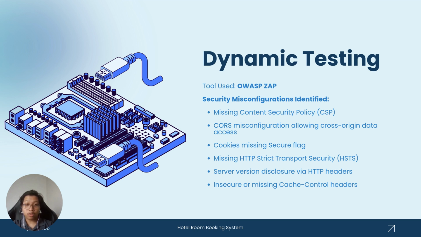We also observed missing HTTP Strict Transport Security, server version disclosure through response headers, and weak or missing cache control headers. These issues increase the application's exposure to client-side attacks and information leakage.